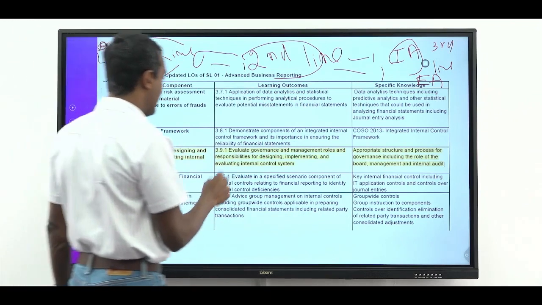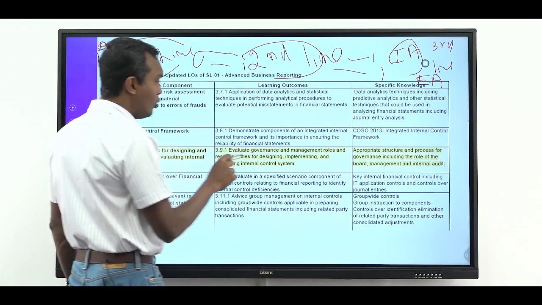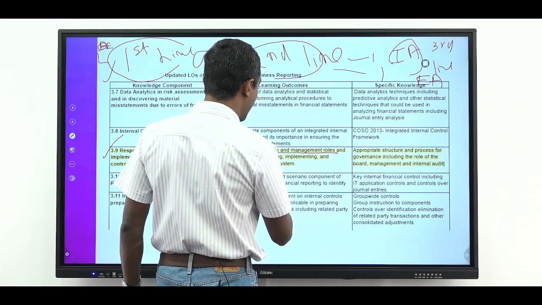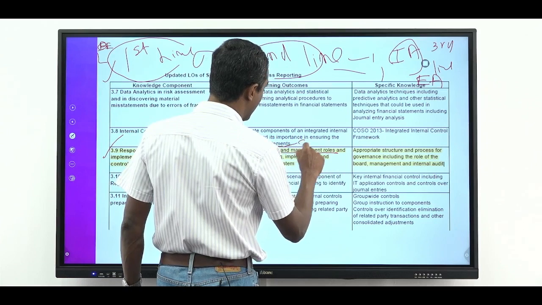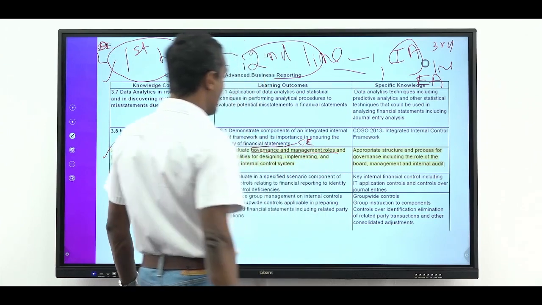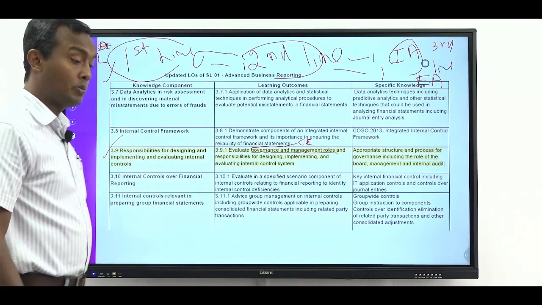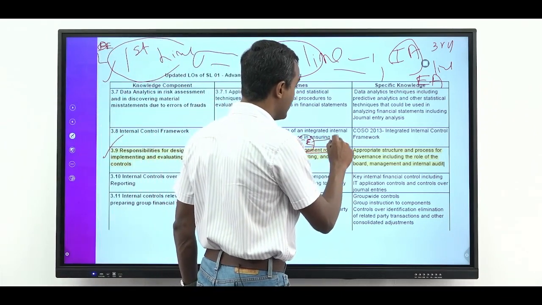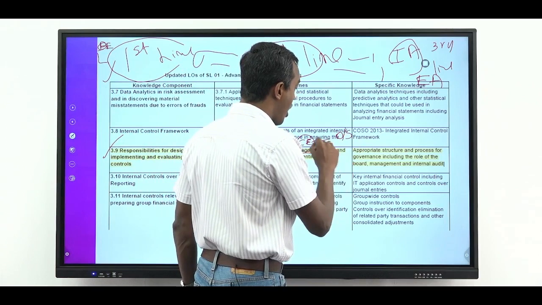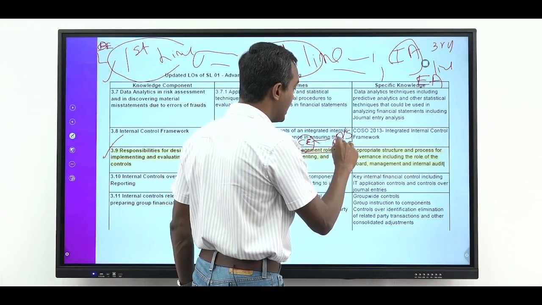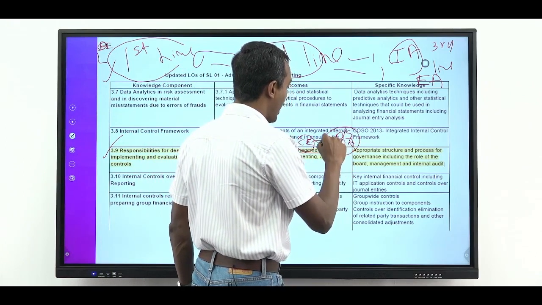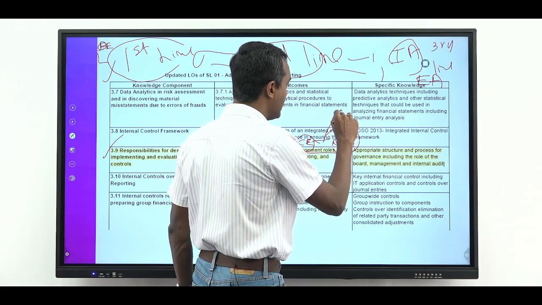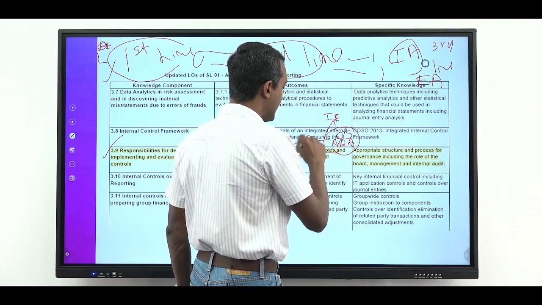If you read the LO, evaluate governance and management roles. Now, actually, governance role is mostly about the control environment. As a part of control environment, we have elements like organization structure, how authority and responsibility is assigned, and how the board is going to set the tone in terms of ethical culture, integrity and ethics. So this is an important part.